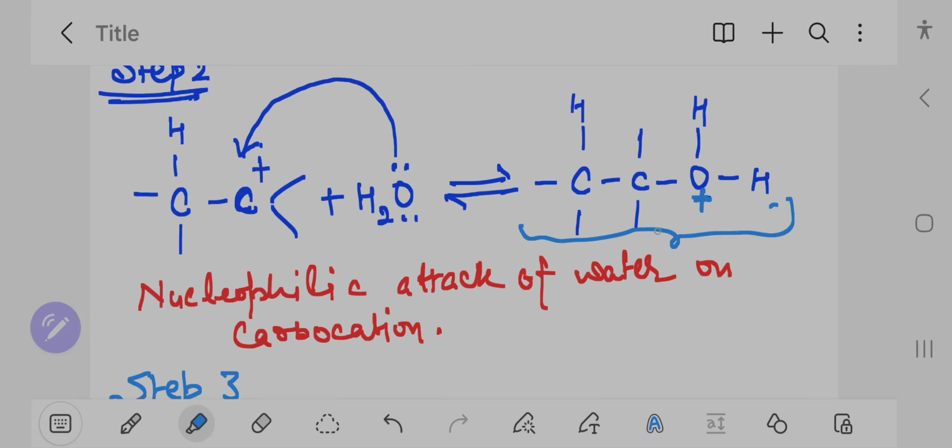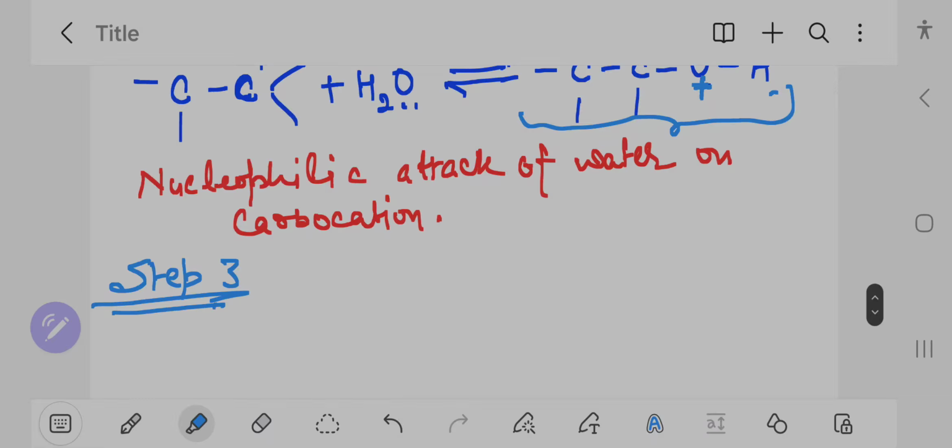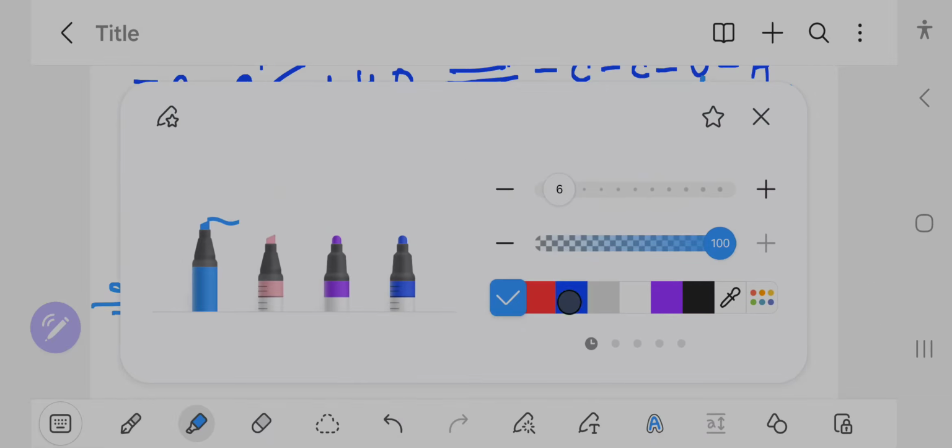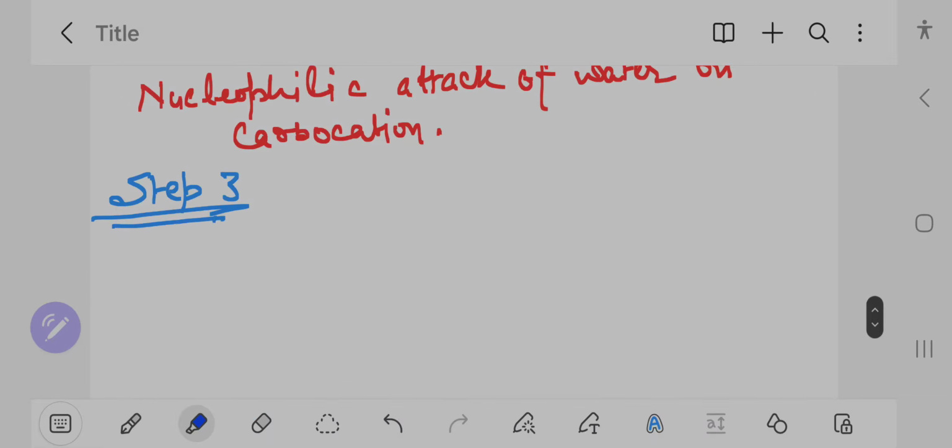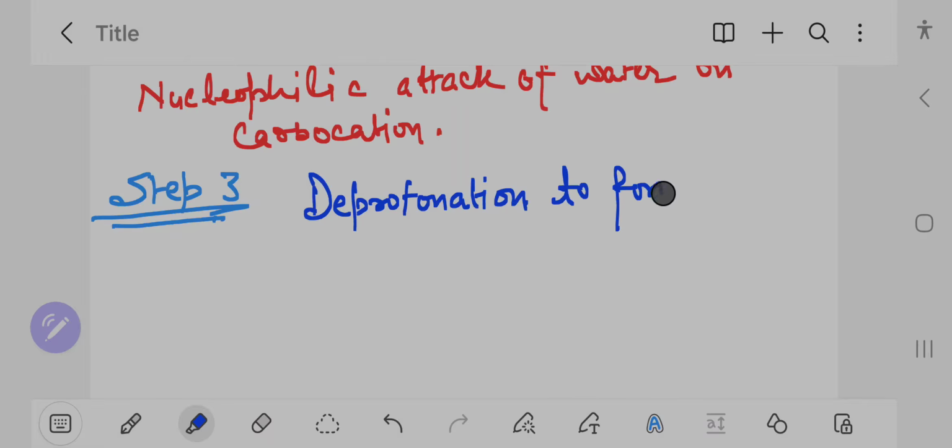Therefore, in step 3 there will be rearrangement of this compound and deprotonation, that is, the loss of an H positive ion, to form the alcohol.